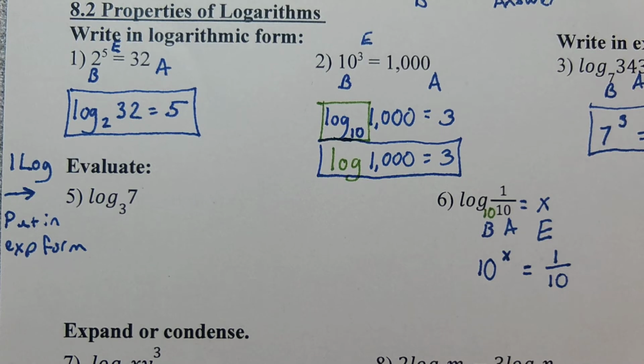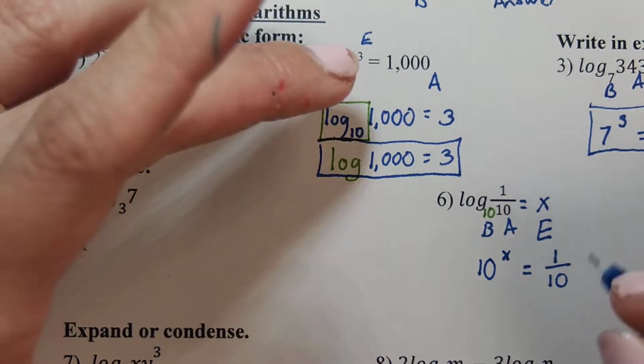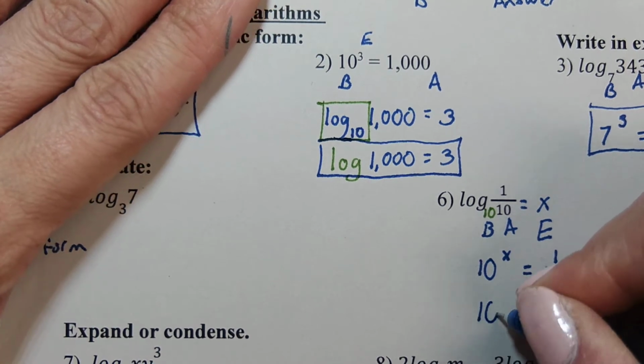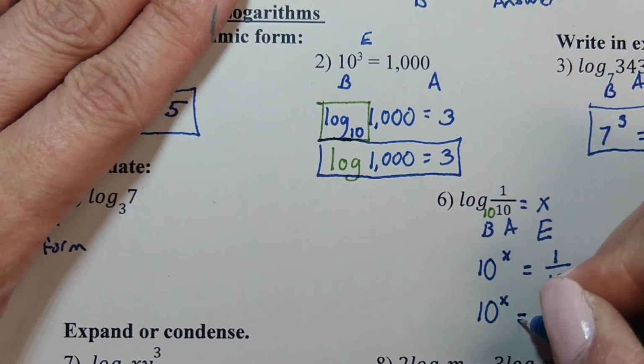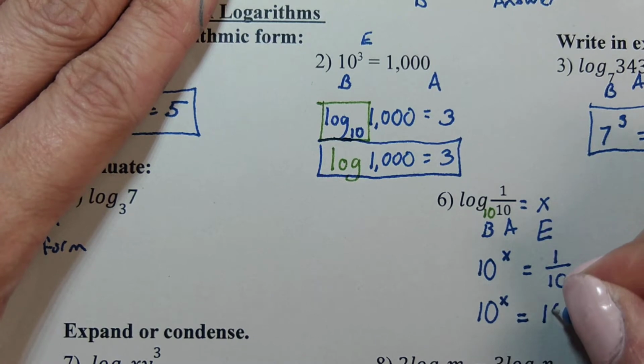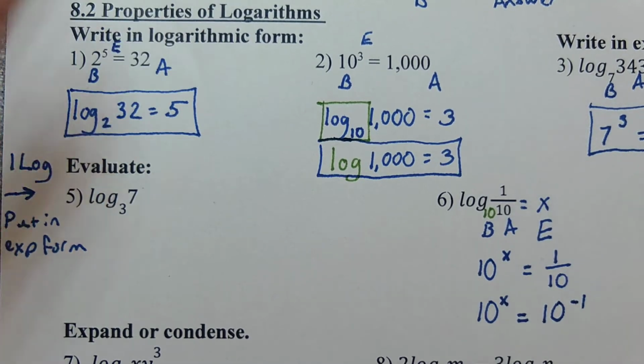And folks, this takes us back to unit 5, methinks. Unit 5, how do I give a base an attitude so that it sends it to the downstairs of a fraction? What kinds of numbers in the exponent do that? Negative ones. So 10 to the x is equal to 10 to the negative 1.